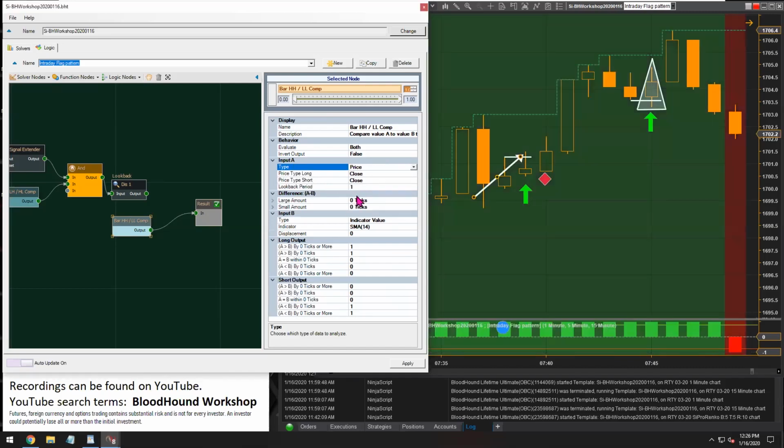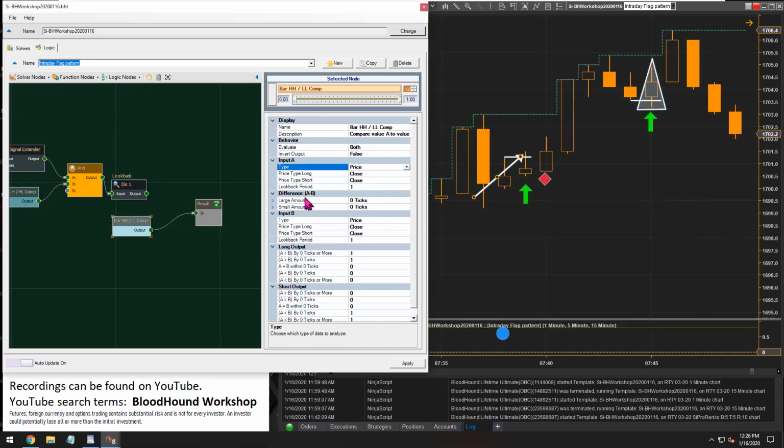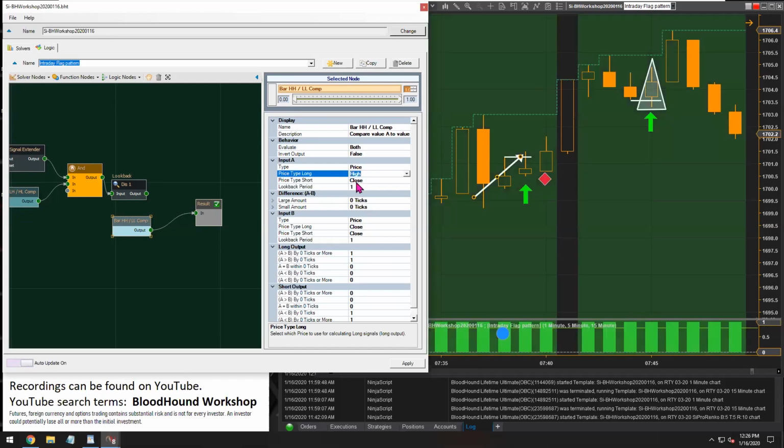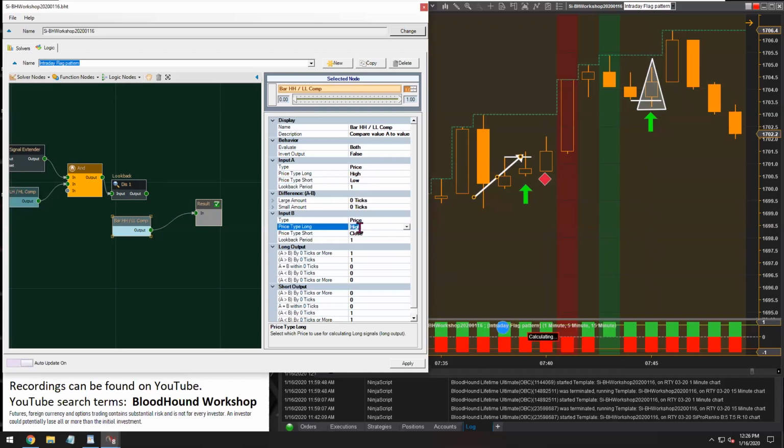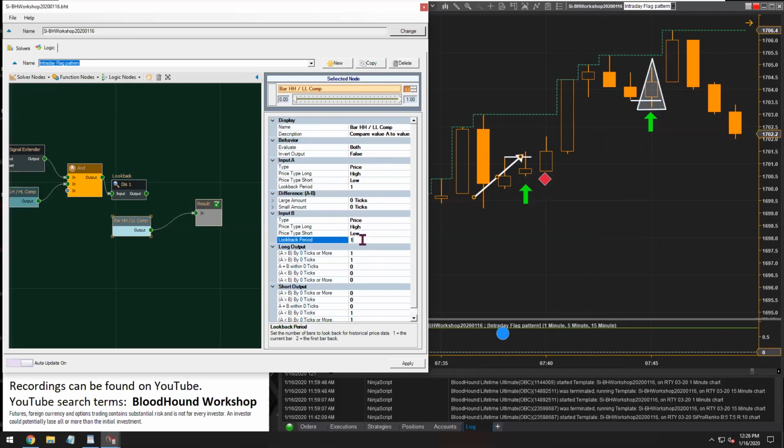We want the prices. So let's adjust these to look at prices. And again, for longs, we're looking at the high price. So we'll change the prices to high and to low. High and low. And remember, input B needs to be 1 bar back. So we need to change the look back period to 2.